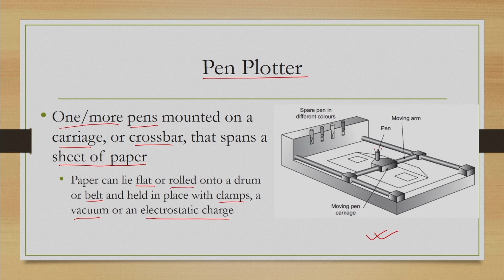As shown here, there is a pen carriage, moving arm, and there are other spare pens also indicating different colors. So, the pen can move along the arm and the arm can move across the page.